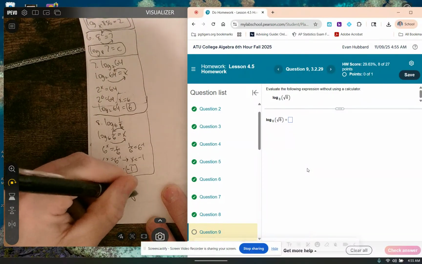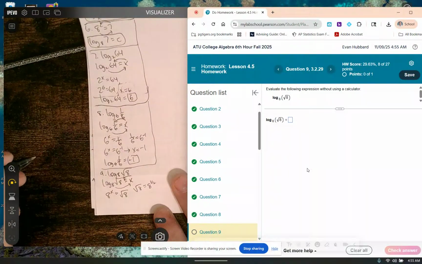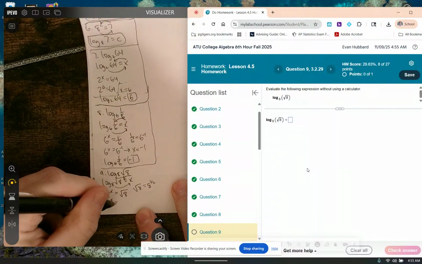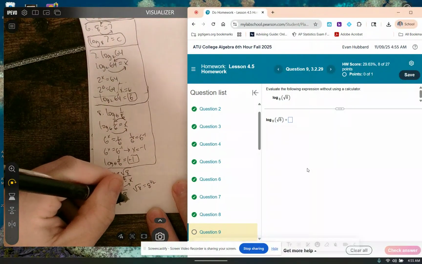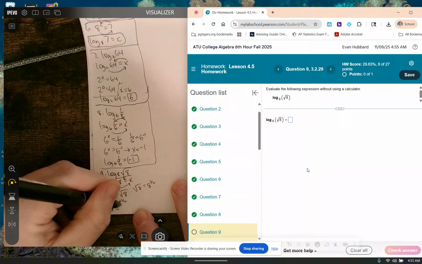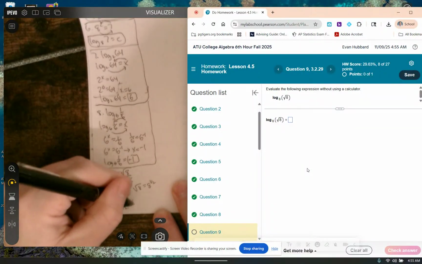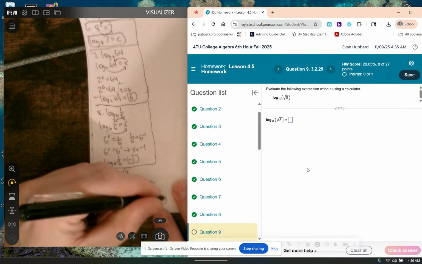The square root of 8 is equal to 8 to the 1/2 power. Okay, because anytime you have a square root, it's the 1/2 power. So 8 to the x equals 8 to the 1/2. So x would equal 1/2. So log base 8 of the square root of 8 is equal to 1/2.